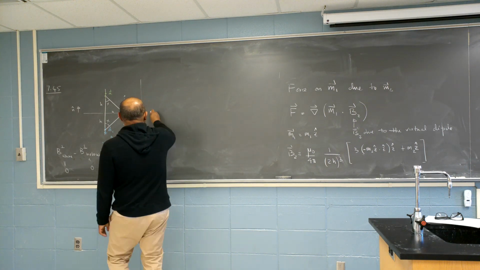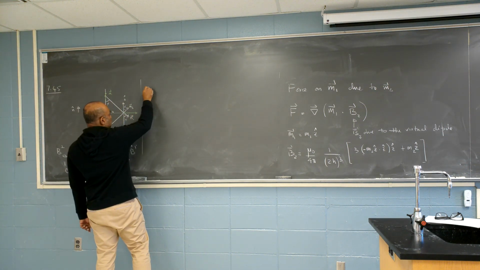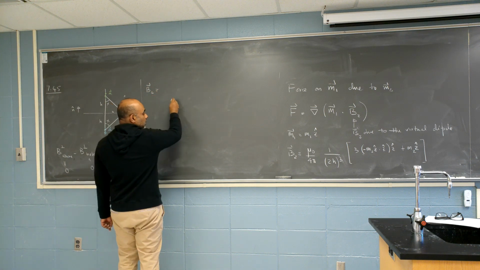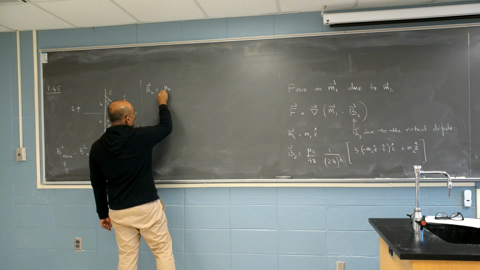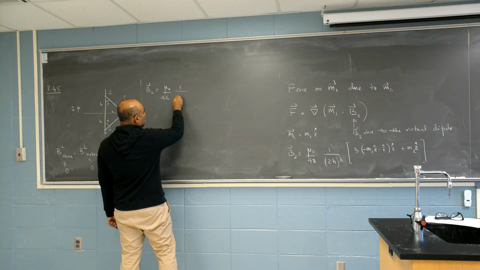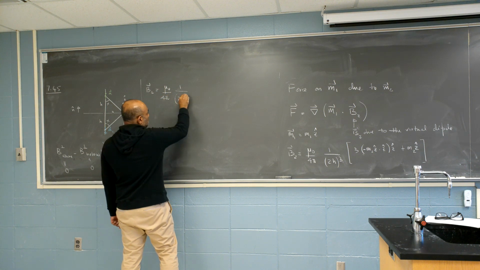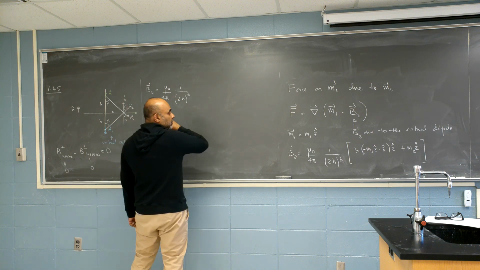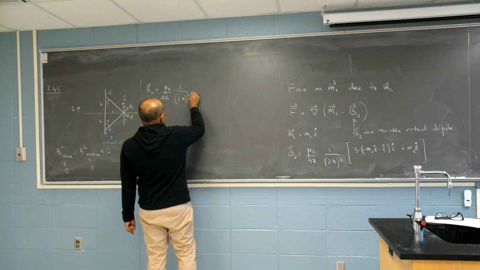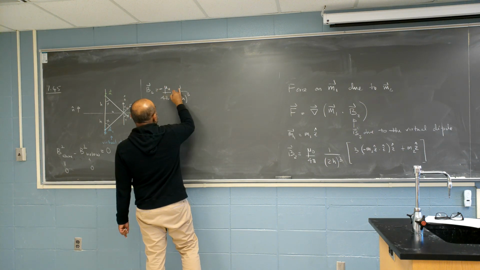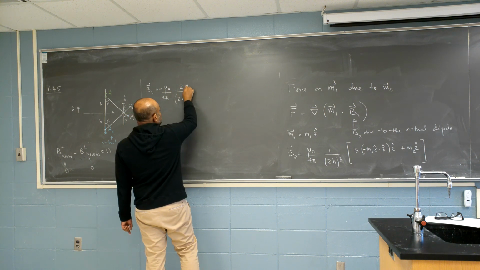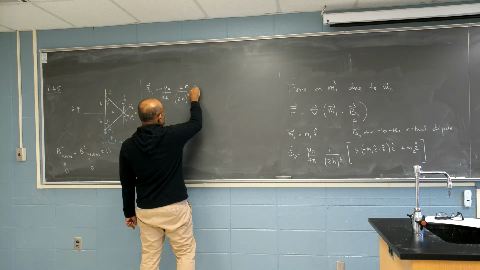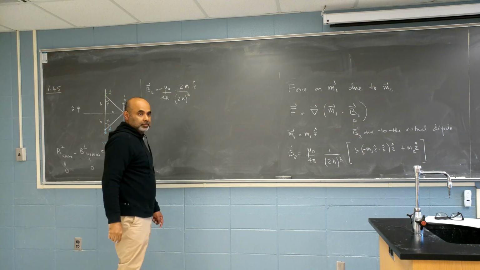So there is this B2 equals mu 0 over 4 pi, 1 over 2h cubed, minus 2m z hat.